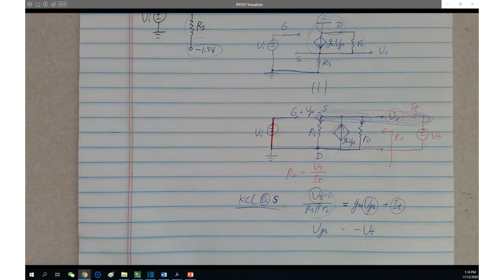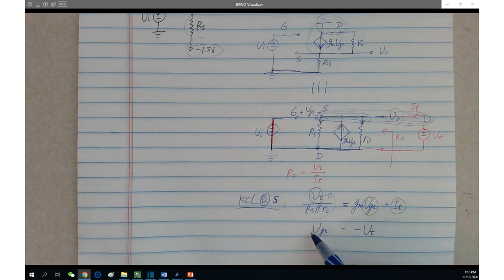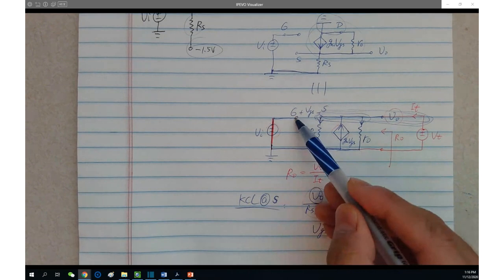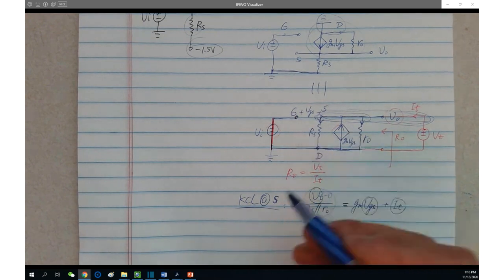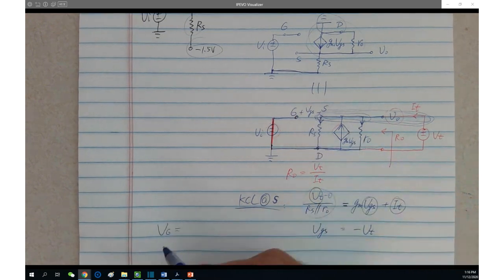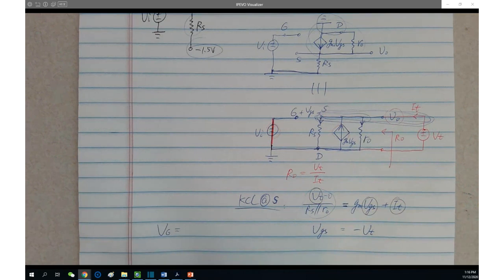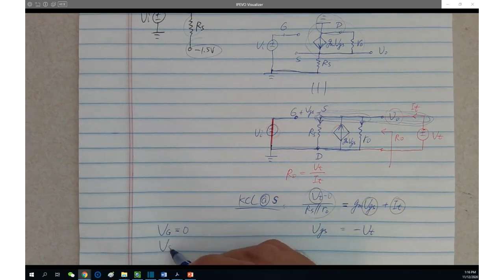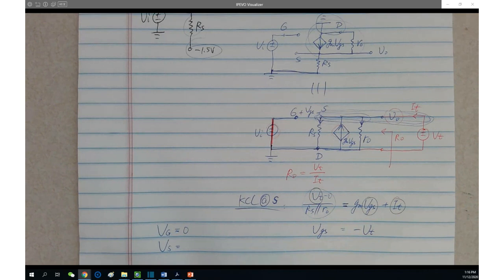Not exactly. No. Well, the thing is this, right? The Vg here equals to what? Vg equals to what? 0. Yeah. Vs equals to what? Vt. Vs equals Vt, good. Therefore, Vgs equals to what?